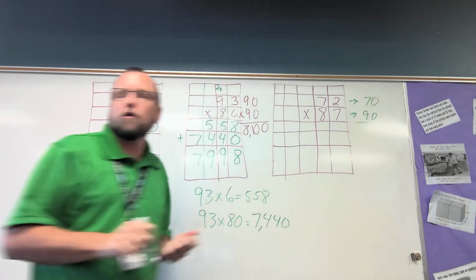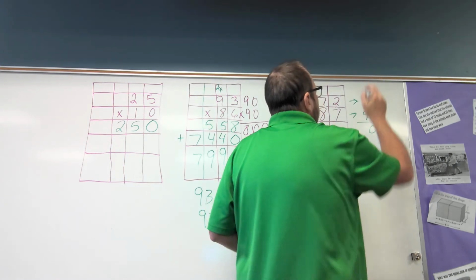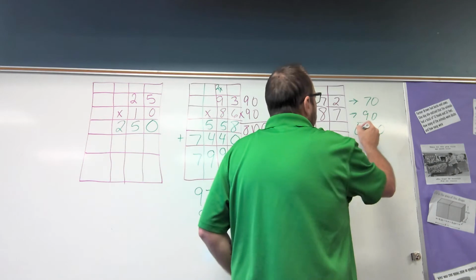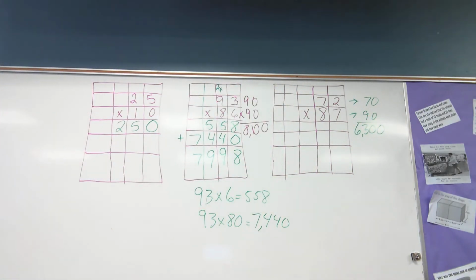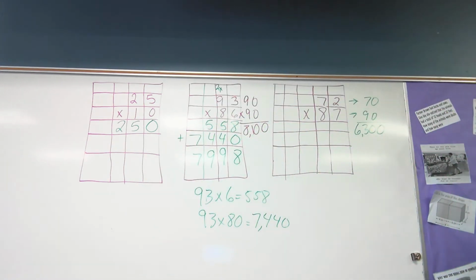I have 2 zeros in my ones places. And then I have 9 times 7, which I know is 63. So my answer should be somewhere around 6,300. If you got an answer that's nowhere near 6,300, then you're probably cray-cray and need to fix it.